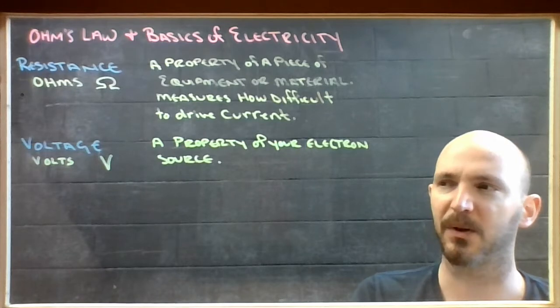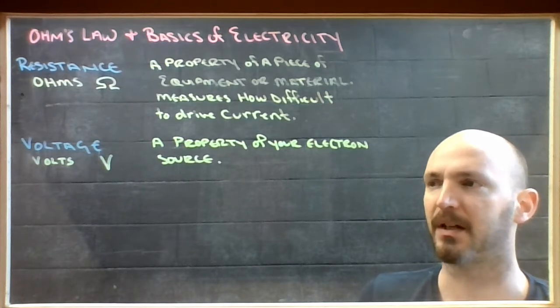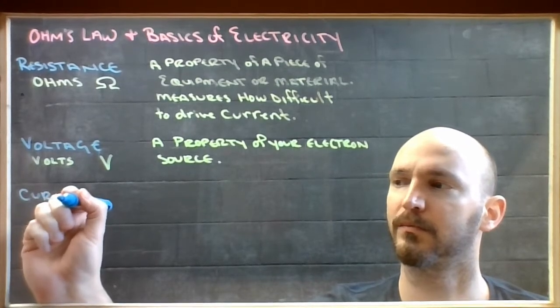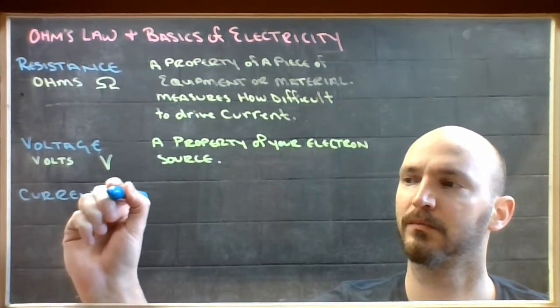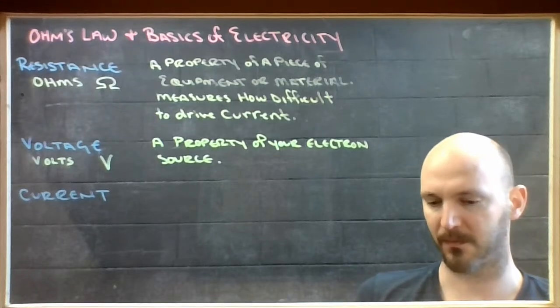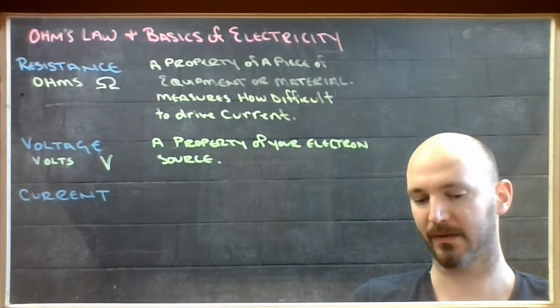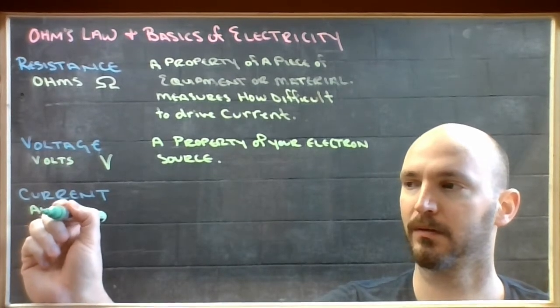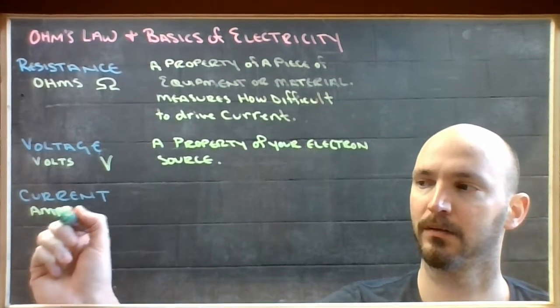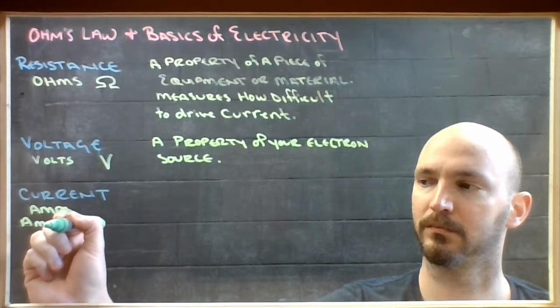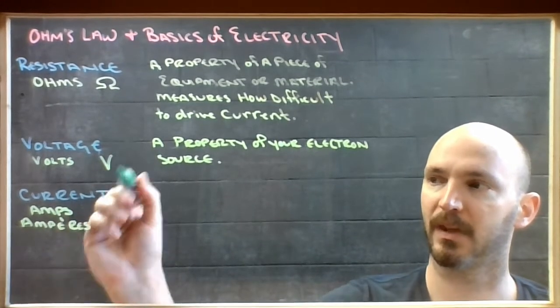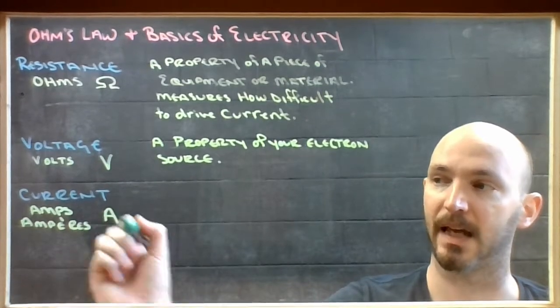And then the third one that goes up here is current. And it is measured in amperes or amps. And it's represented by a big A as its unit.